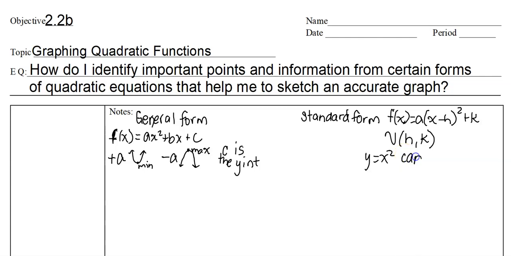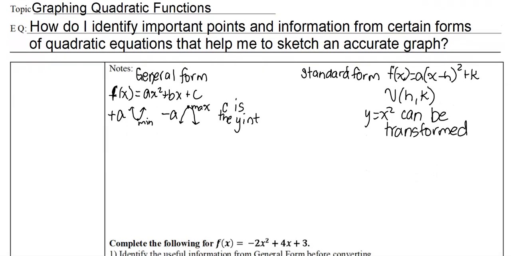So we could say that the parent function can be transformed using the information in standard form. So you get that critical point, your vertex, and then you could graph the whole thing if you know how to use your transformations. Okay, so that's important.